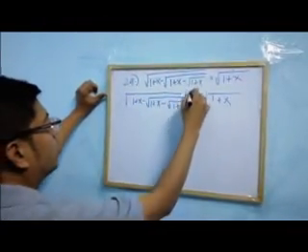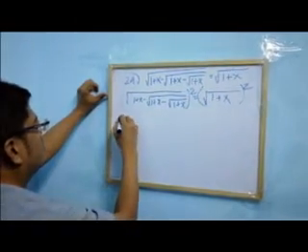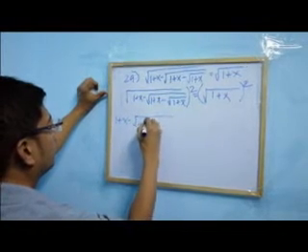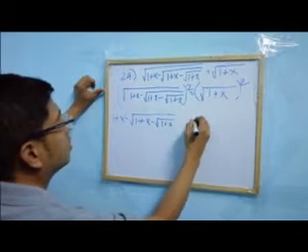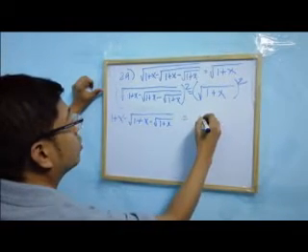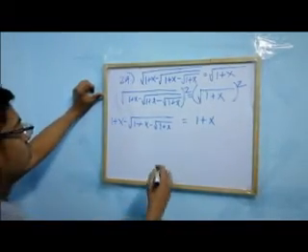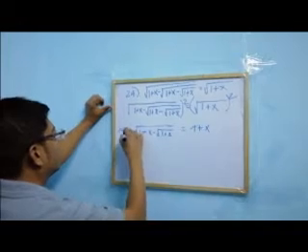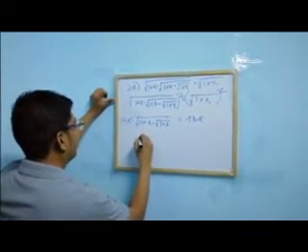So squaring both sides, the square root will be removed, minus square root of 1 plus x minus square root of 1 plus x equal to 1 plus x.